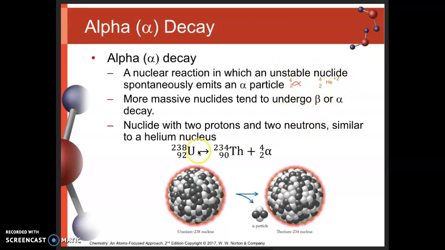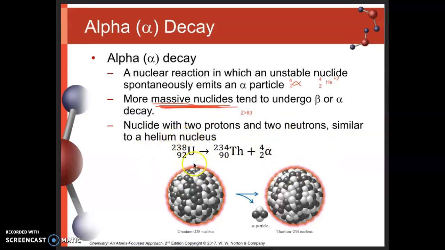Now, as mentioned here in the slide, this tends to be the primary mode for our massive nuclides, and again, we're talking about those with an atomic number greater than 83. Here's a look at a transmutation reaction for an alpha decay.